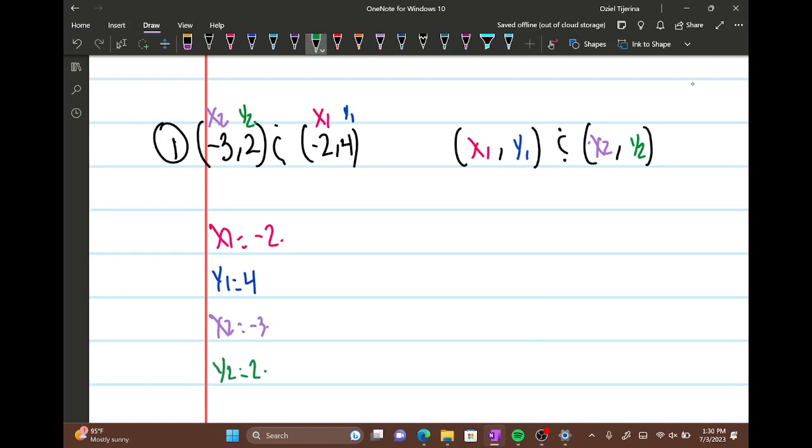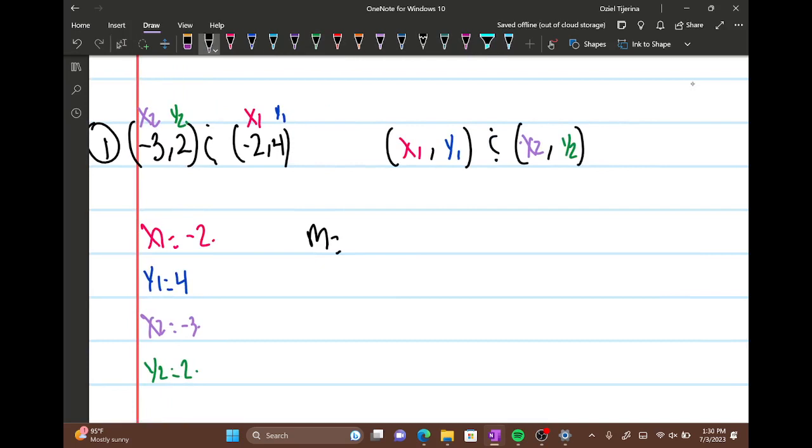Right? Now, I'm going to follow the formula. Remember, our formula for slope is m equals, and m always stands for slope. And we always say it's going to be y2 minus y1 over x2 minus x1.